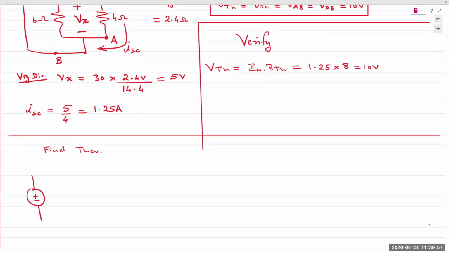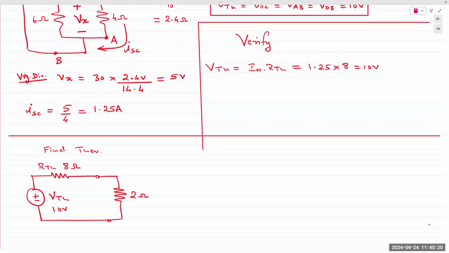It's a voltage source in series with a resistor. That resistor is RTH, in this case 8 ohms. Voltage source VTH, which was 10 volts. And you plug that resistor back into the circuit, 2 ohms.